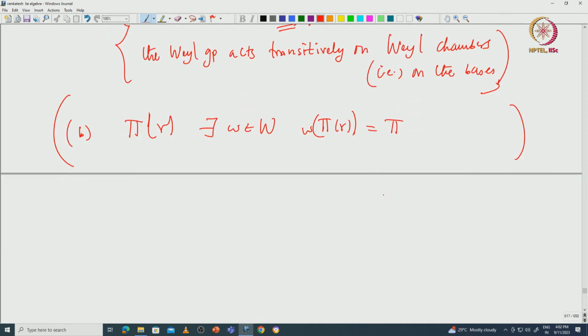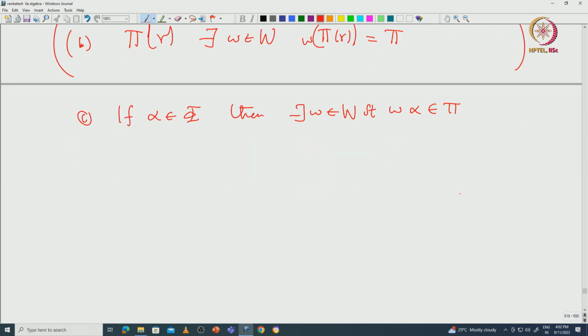The third statement: if alpha is just a root, then you can prove that there exists W in the Weyl group such that W of alpha is an element of pi. That means each root is conjugate to some simple root. The fourth statement says W is indeed generated by the S alphas, alpha coming from pi.